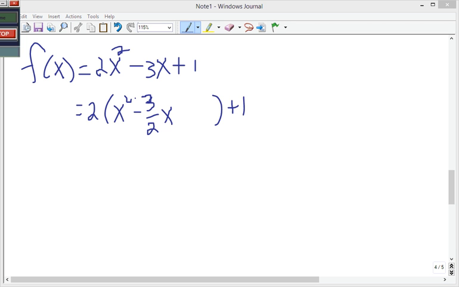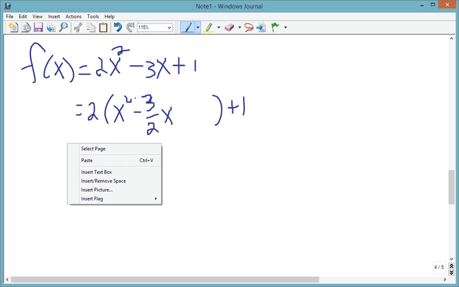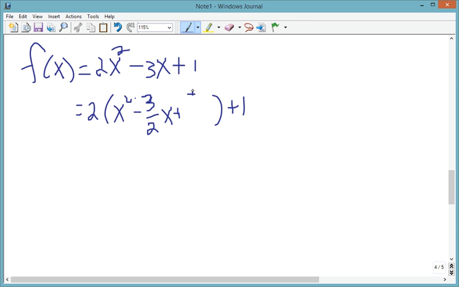So just the same, I look at this middle term here, and I take half of it. Well, 3 halves times 1 half, that's 3/4. And I square it, and I get 9/16. Okay, so I really have added in 2 times 9/16, so I'm going to subtract off 18/16.